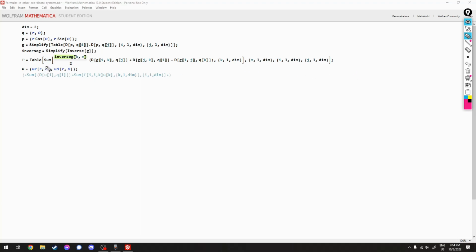Then I calculate the Christoffel symbols. So again, we had gamma, I think I'm using m here, so gamma m ij equals 1/2 g^lm times, what was it? It was partial i g_lj plus partial j g_il minus partial l g_ij.